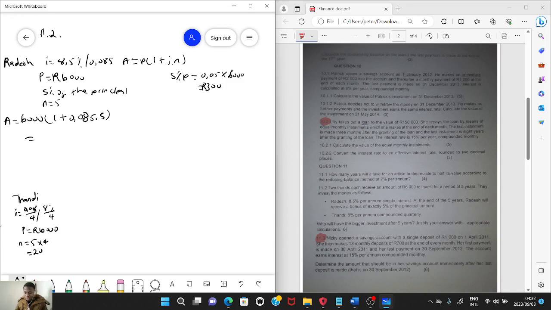Okay. Now we have 8,550 rands, right? And then remember, on Rajesh's investment, he's going to get an extra bonus. So we're going to add this money with the 5%. So for Rajesh's investment, it is equivalent to the sum of 8,550 plus 300.